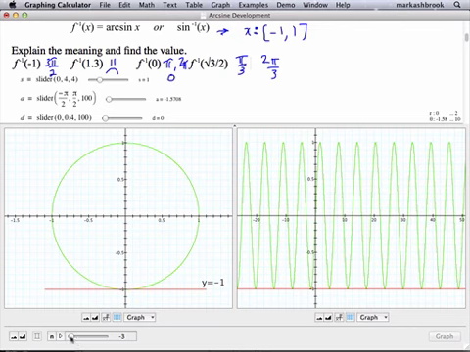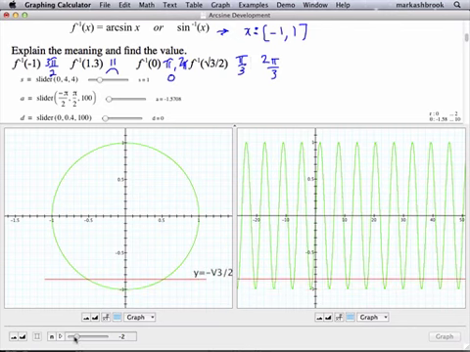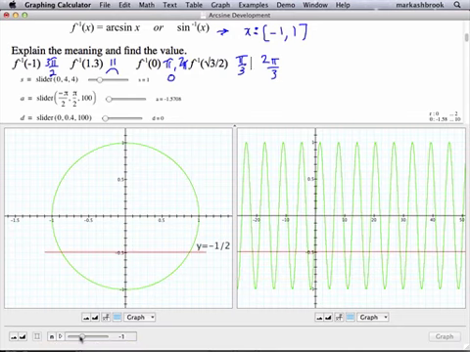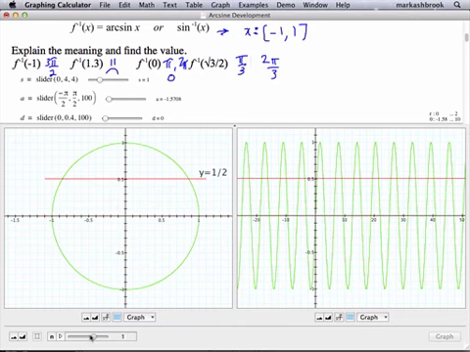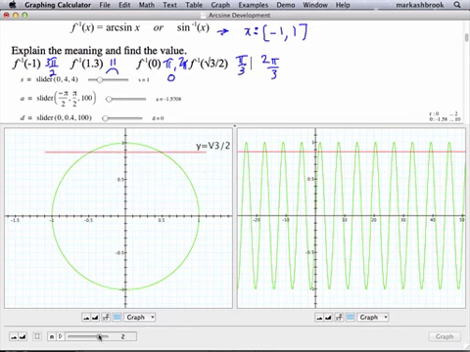Similarly, what about negative radical 3/2? Twice as many as infinity. So for any y coordinate that we choose as the input to this function, there's a zillion angles that will give us that y coordinate.